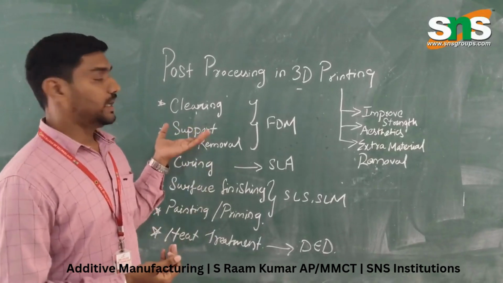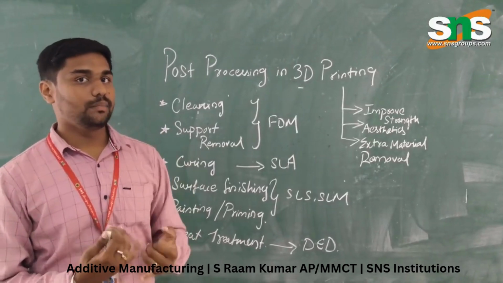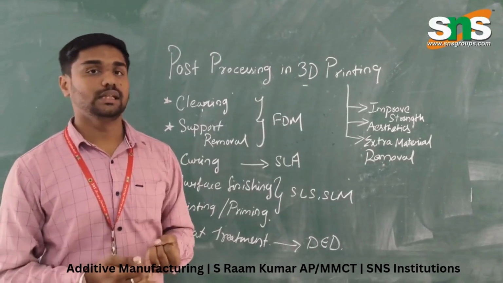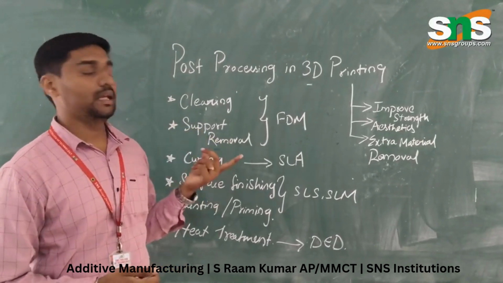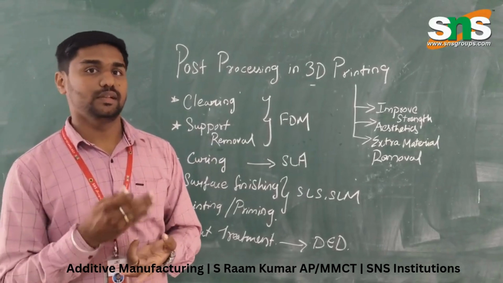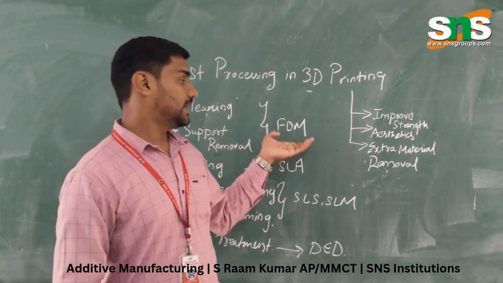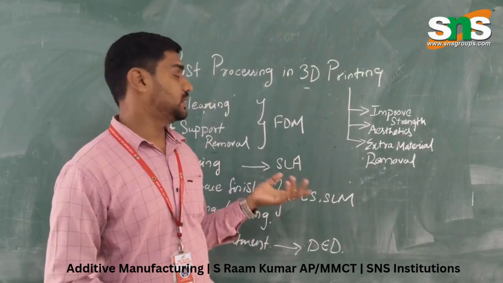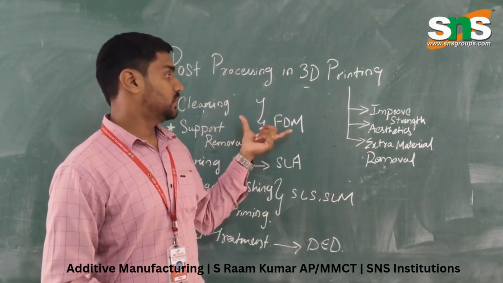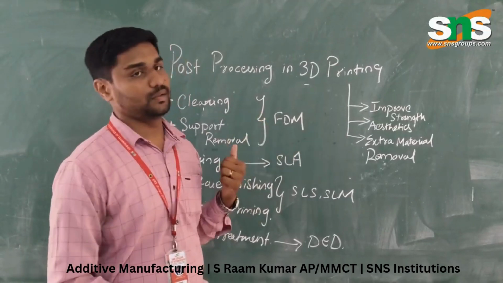To reduce the improper structure of the product, sandpaper is the main tool used in FDM. The removal of support structure and the surface finish can be carried out using this sandpaper. This is nothing but the post-processing technique in fused deposition modeling.